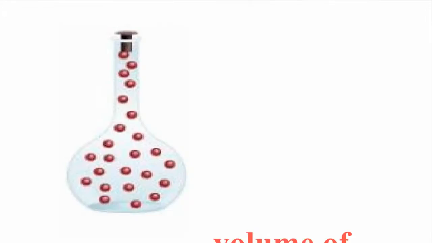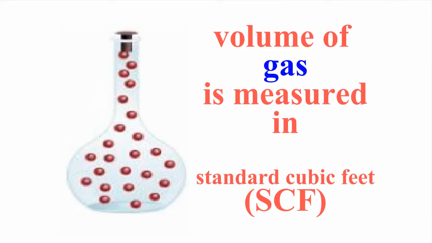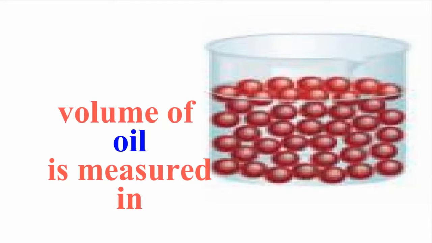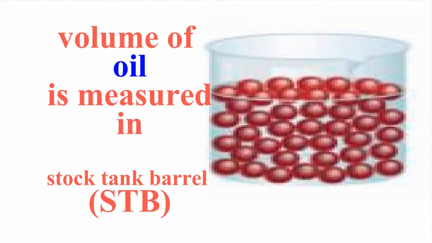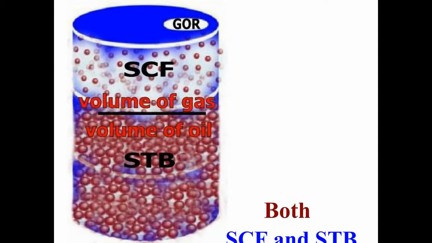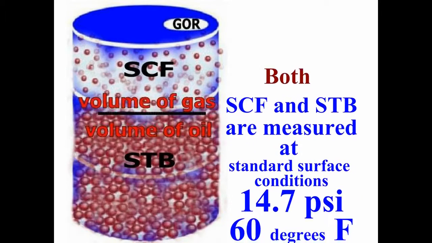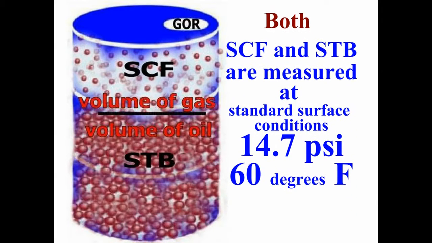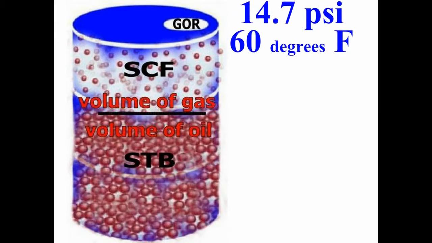Keep in mind, however, that the volume of gas is measured in standard cubic feet, or SCF, while the volume of oil is measured in stock tank barrels, or STB. The formula is GOR equals SCF divided by STB. Both SCF and STB are measured at standard surface conditions, 14.7 psi at 60 degrees Fahrenheit.